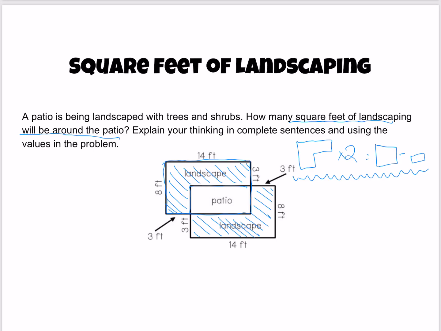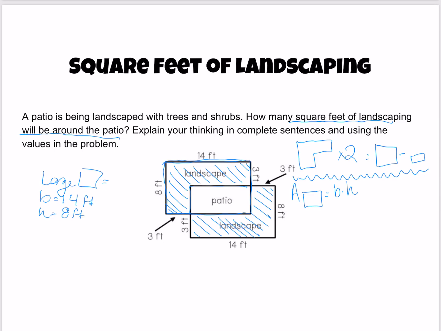So first let's find the area of the large rectangle. So for that, I'm going to need our base and our height, and we know our formula here is base times height. So for the large rectangle, I'm going to say my base is 14 feet, and my height is 8 feet.